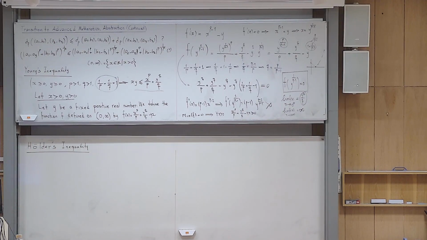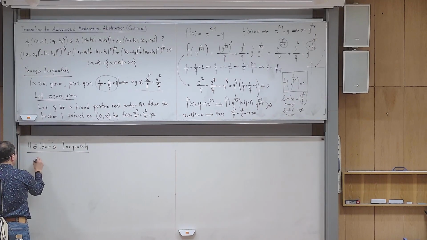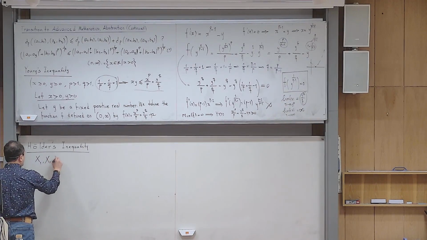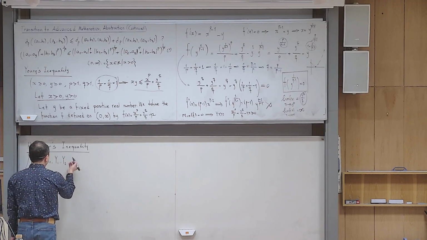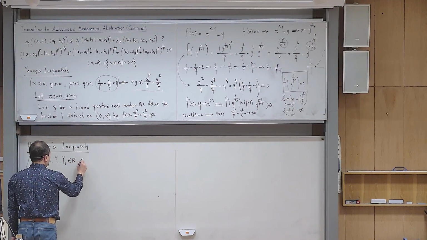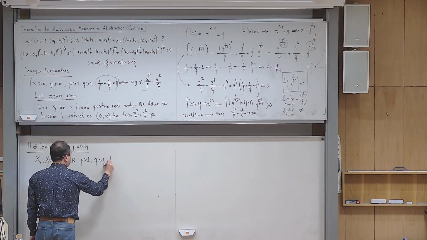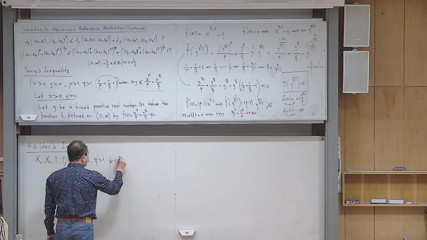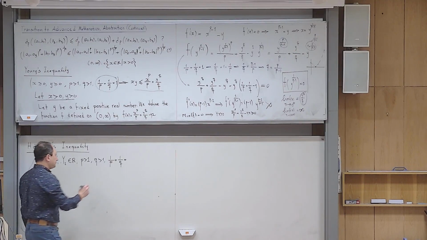So what we are supposed to do now, this is the inequality. Let me use capital letters, you will understand why. Let us assume that x1 and x2, y1 and y2 are real numbers, any real numbers that you like. And again, p is greater than 1, q is greater than 1, and as before, 1 over p plus 1 over q is equal to 1.